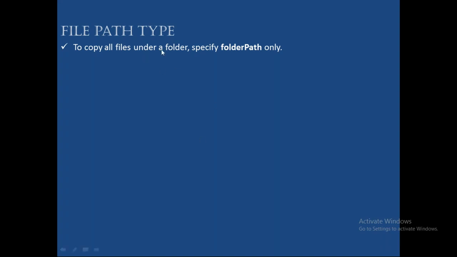Don't specify files. Okay, next, to copy a single file with a given name, maybe you are passing a single file name and you want to pick only that particular file from the input folder and load it into the output, then what it is saying, specify folder path with file name.